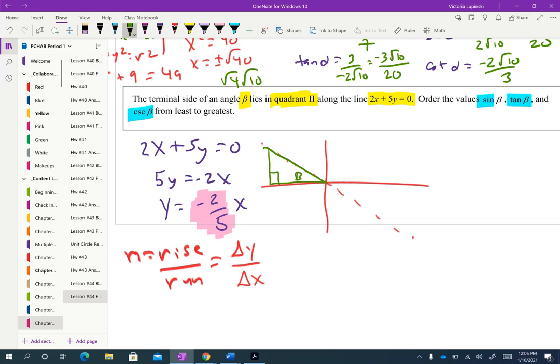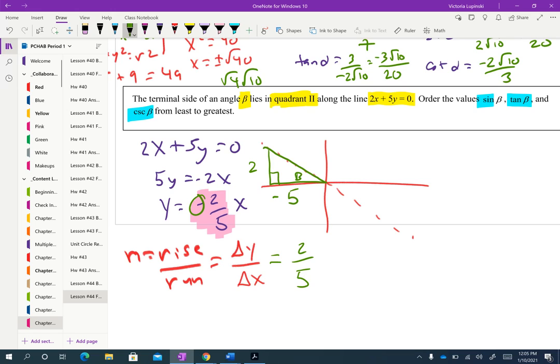Your beta would, of course, be here, always from the origin. And if a slope is a rise over a run, which is a change in y over a change in x, you know that the y distance has to be the 2 and the x distance has to be the 5. And then you would go ahead and assign the negative based on the quadrant. So if you're in quadrant 2, that would of course mean that the 5 has to be negative.